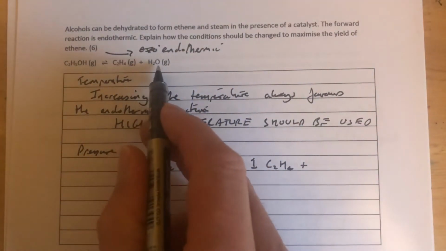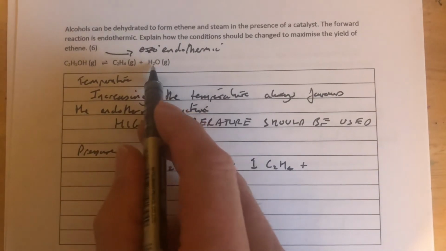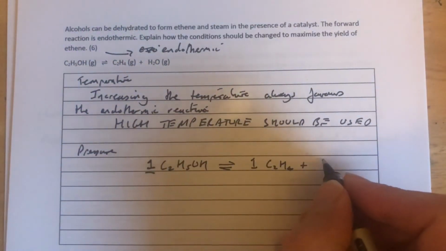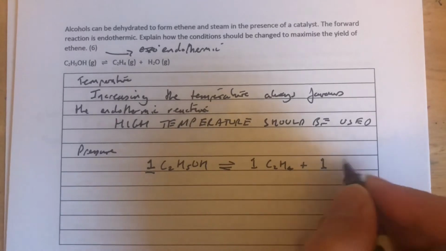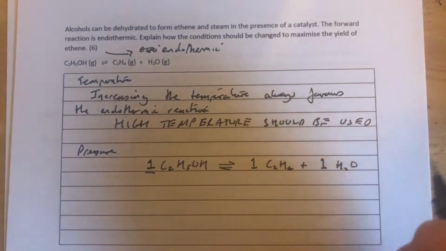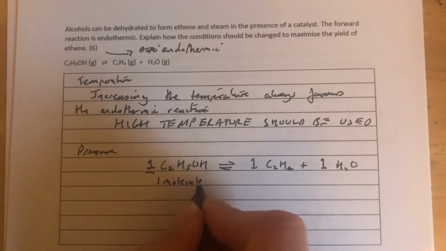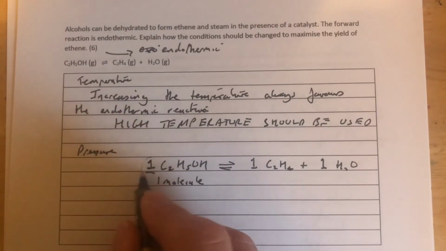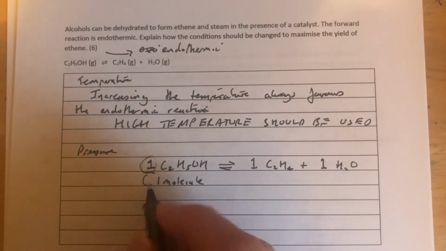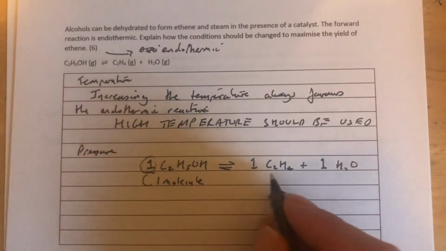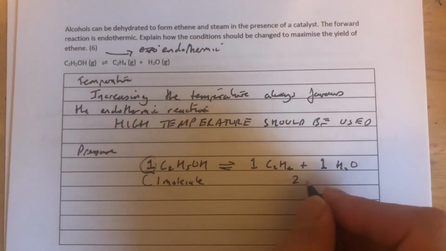There's no number before the water. Now this is gas water, so that's a gas as well. So 1 water. So on the left-hand side, there is 1 molecule. We count the stoichiometry to work out how many molecules we've got. We've got 1 molecule on the left. On the right of the arrow, we've got 1 plus 1, 2 molecules.